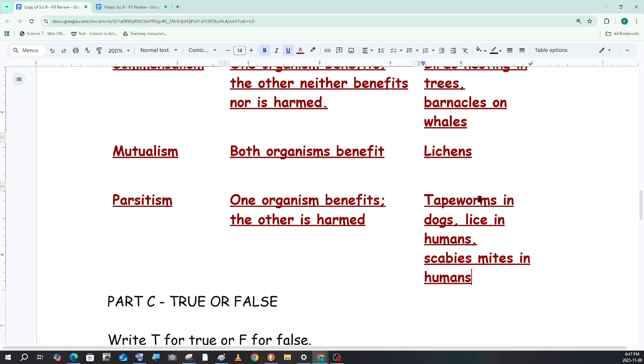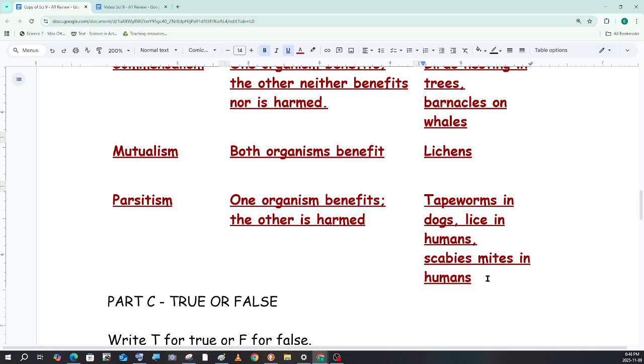So in each of these cases, the tapeworm benefits because it gets food from the dog. The dog's not benefiting; it's losing nutrients to the tapeworm. In the second instance, the lice get a home in the human, and they also suck the blood of the human. The human is not benefiting, and is also suffering because their skin is getting irritated and they're losing blood.